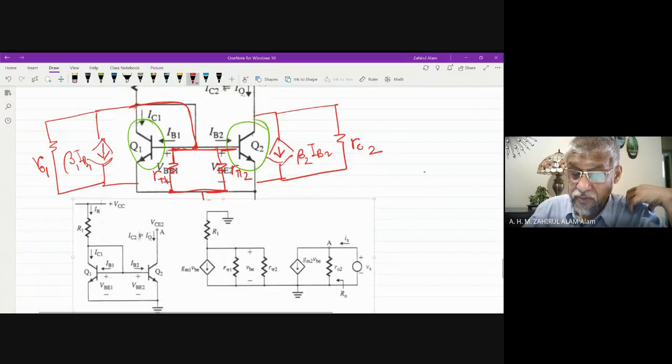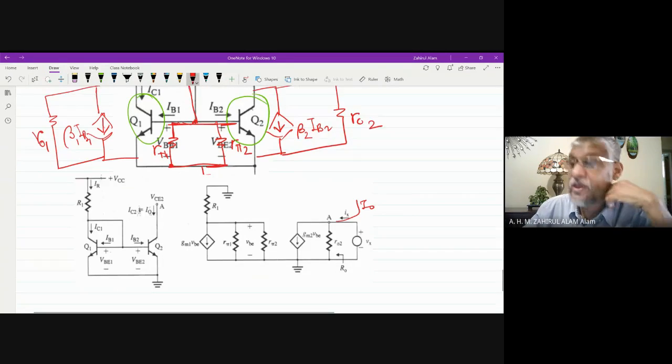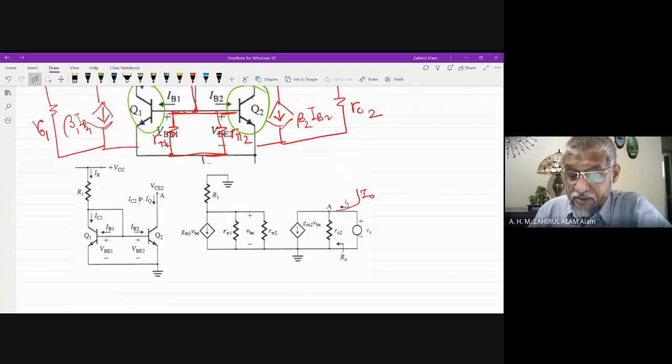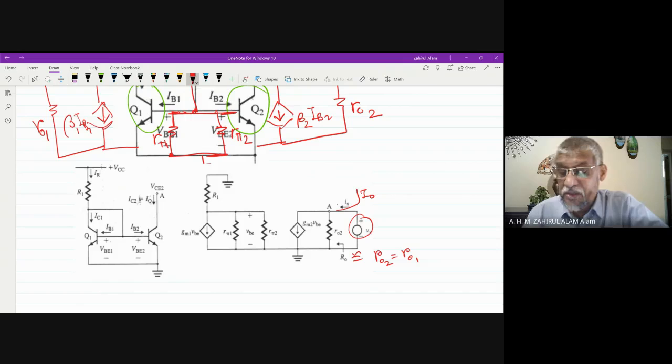So this is I naught. But we are going to find the output resistance. In order to find the output resistance, we need to apply Vx and turn off all independent sources. The output resistance is approximately equal to r02, which is equal to r01. So we just use the final formula, which is VA divided by I naught.